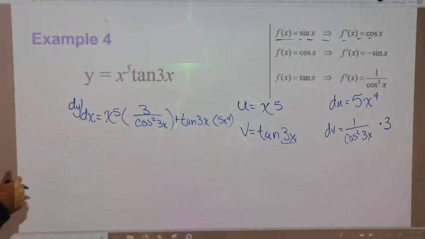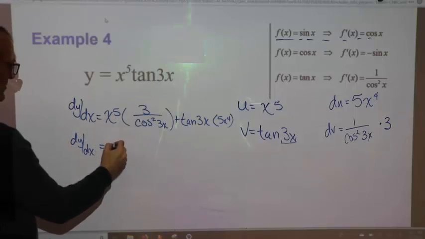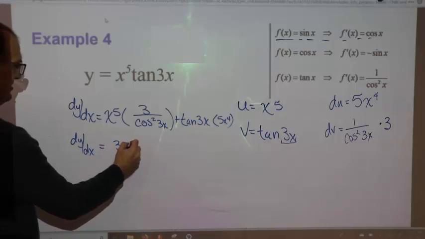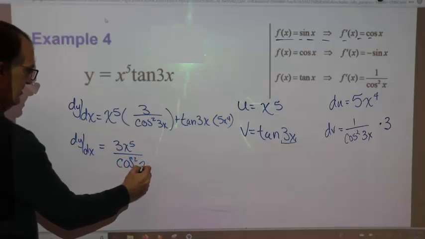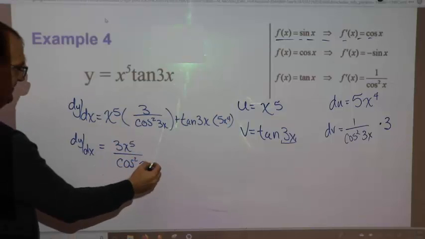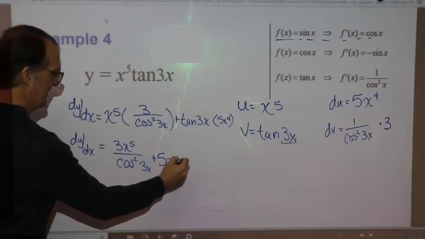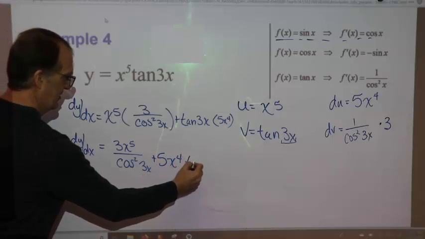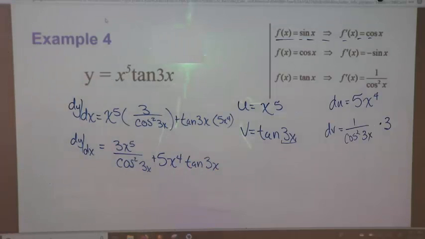There's not a whole lot to simplify. You can write, if you want, this to be 3x to the 5th over cosine squared 3x, making it a single fraction versus a number times a fraction, and 5x to the 4th tangent of 3x. And that's essentially it.